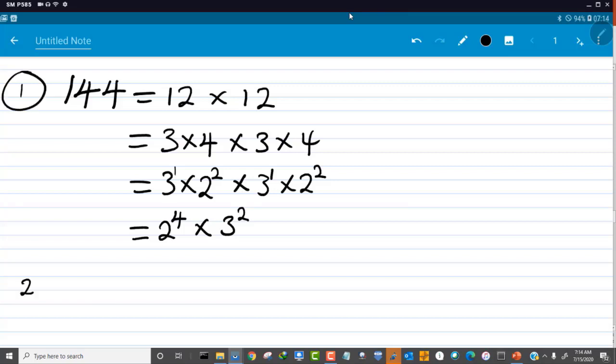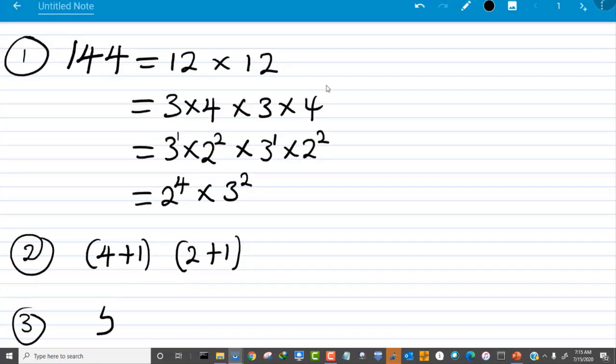The second step is to take the power on each prime factor and add 1 to them. So we have first, which is 4, add 1 to it. Then we have the second one, which is 2, add 1 to it. The third step, multiply the results. And what is the result?